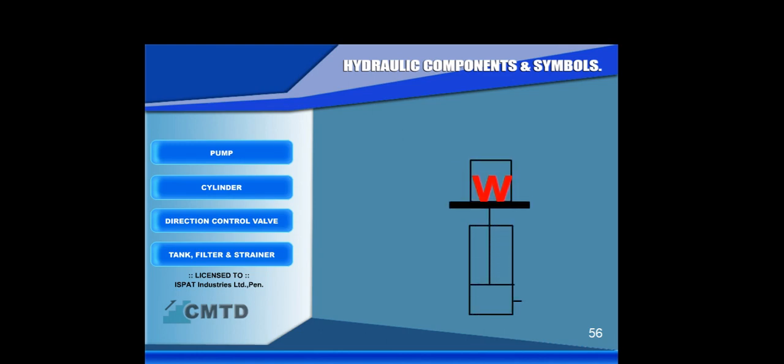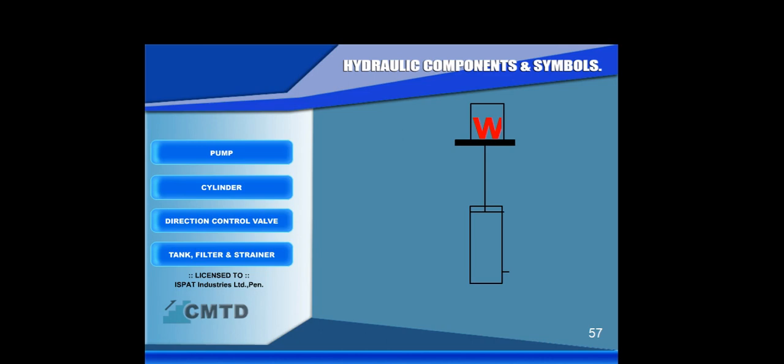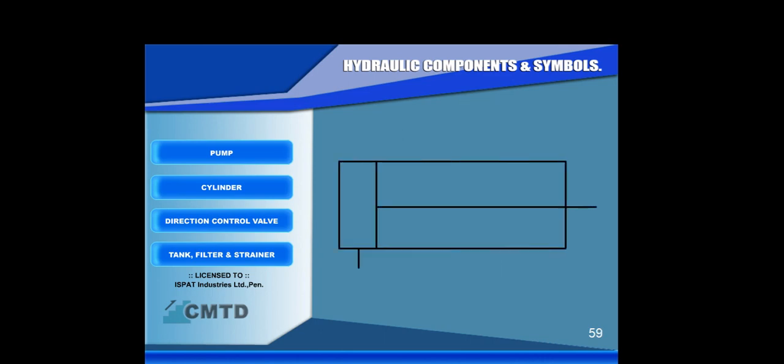If oil flow is stopped, the return stroke is effected by means of a spring. So there is no need to pump oil to the other end of the cylinder. Hence there is only one port. This is called a single acting cylinder. This is the symbol of a single acting cylinder.